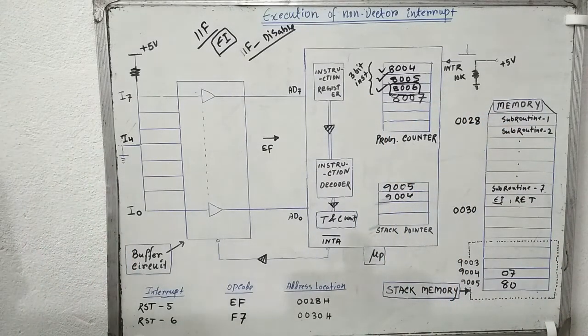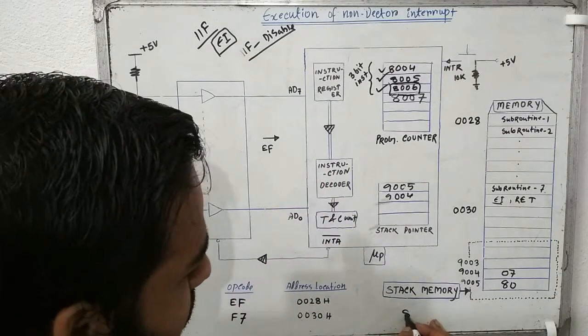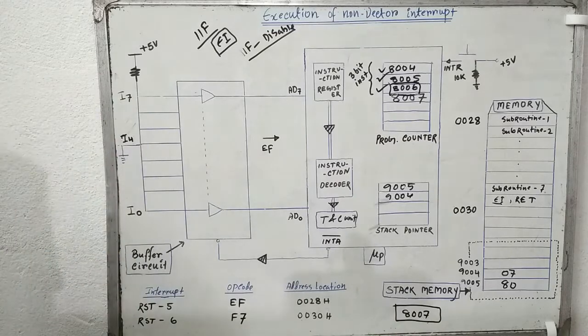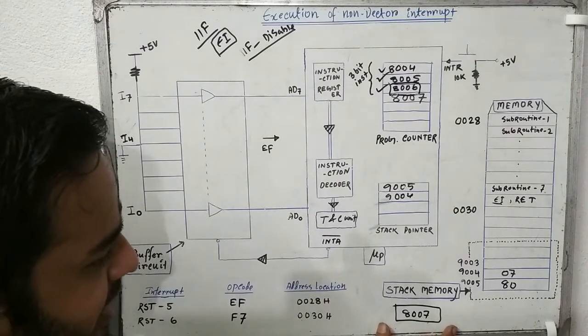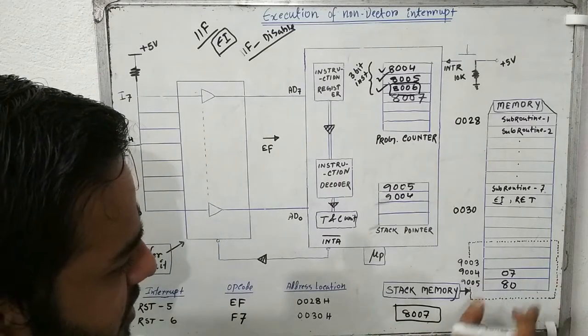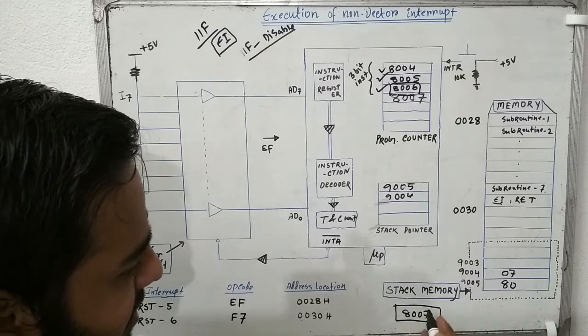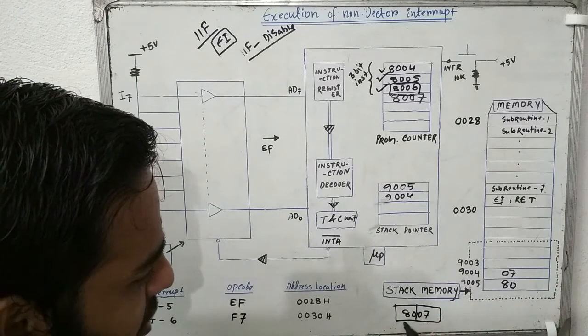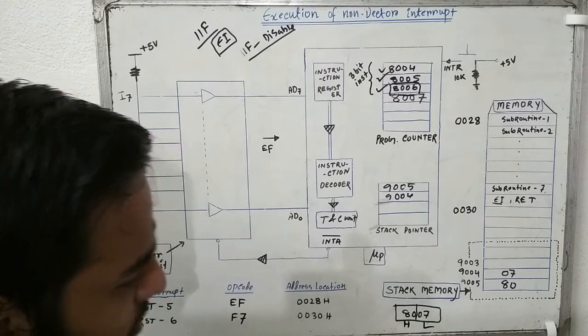So as you can see, this is 8007. Then how does the microprocessor store this particular address to the stack memory location? As we have seen in our earlier lecture, this is the higher byte of the address and this is the lower byte of the address.